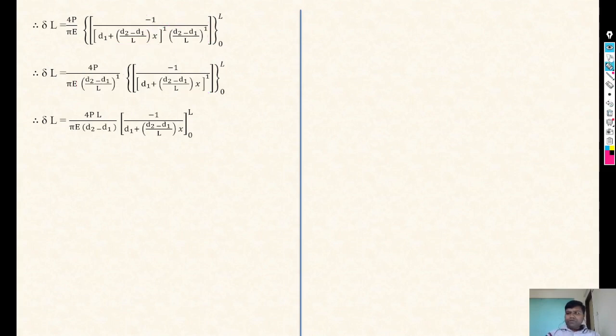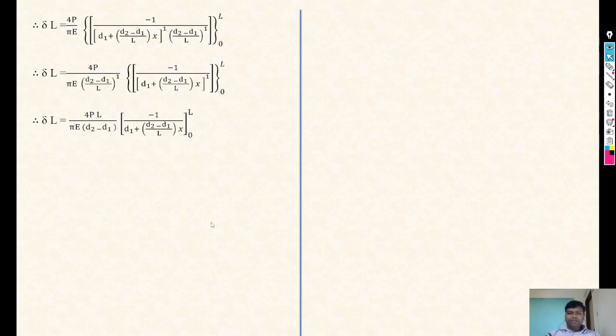This is the total term that we have over here. L and L again in the denominator, so we can write it in the numerator. That's why we have considered L in the top: 4PL by pi E (d2 minus d1), and this term is as it is.